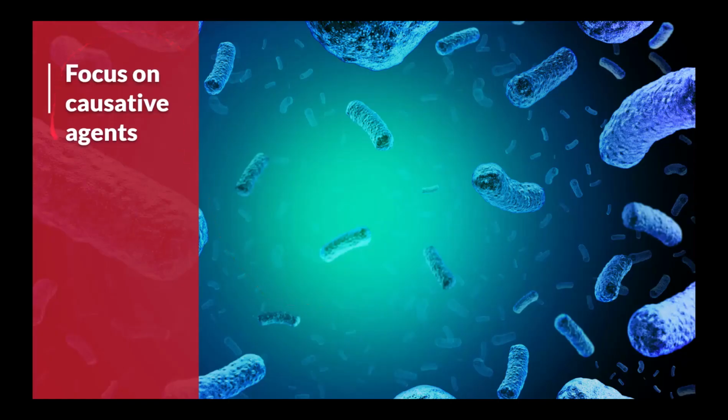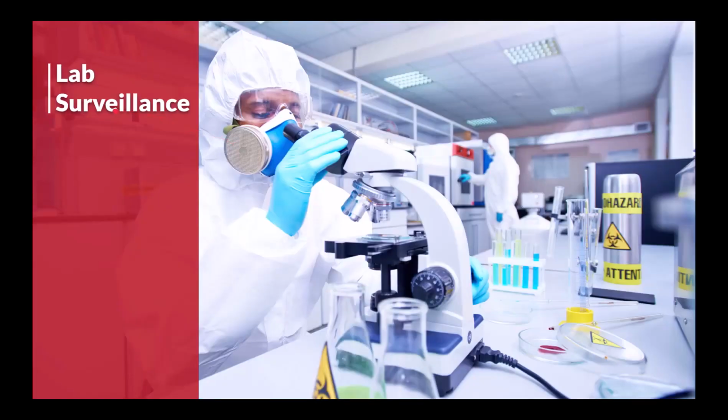The case studies focus on the causative agents, both viruses and bacteria causing the diseases and the outbreaks. We highlight how public health officials and lab surveillance is important for learning about current outbreaks and preventing future outbreaks.